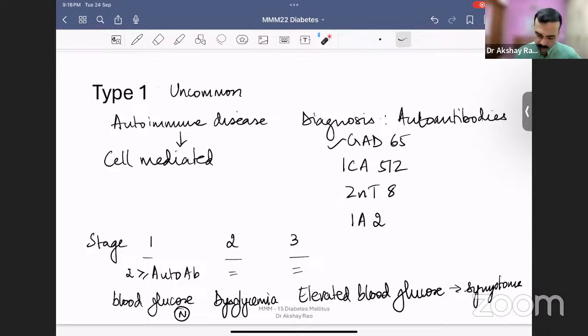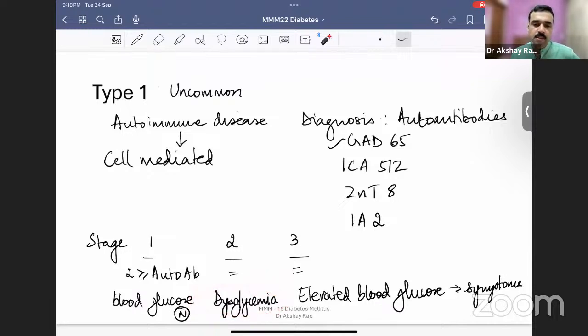Very important because we have a drug now which we can use in stage 2 to prevent the person from going into stage 3. So what might happen? A young person is undergoing a screening test, maybe they're trying to join a university, and the university mandates blood glucose testing, and you check the tests and it is in the impaired range. You didn't expect it.